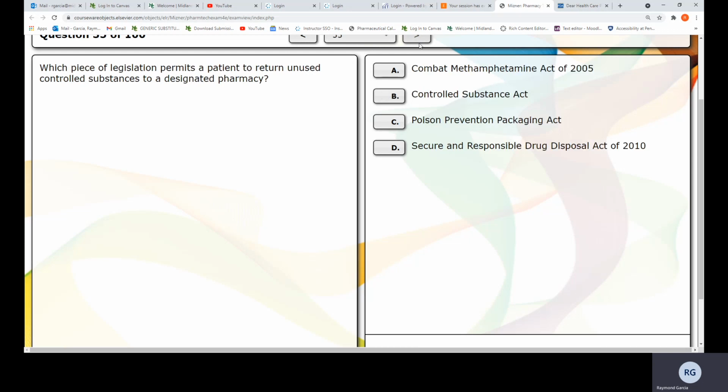Which piece of legislation permits a patient to return unused controlled substances to a designated pharmacy? Combat Methamphetamine Act of 2005, Controlled Substance Act, Poison Prevention Packaging Act, Secure and Responsible Drug Disposal Act of 2010.